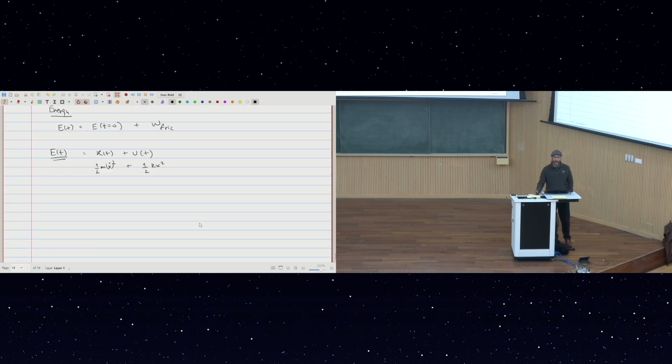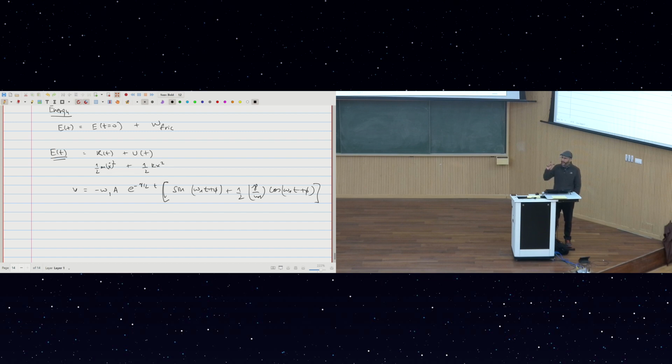To save time, I will not do the mathematics here, I'll simply write the expression. So this is velocity: you differentiate the displacement that we just found as a solution, and you get this.